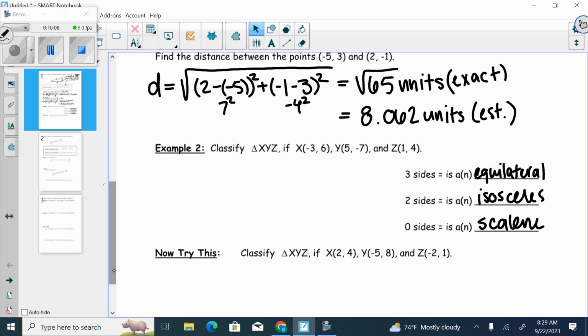All right, so we need to determine what kind of triangle we have based on these points. Well, our distance formula is going to tell us the length of each side, right? How far it is from one point to the next. If we can just compare the lengths of all the sides, we'll know. So we're going to start with side XY. So that would be the point that goes from here to here.